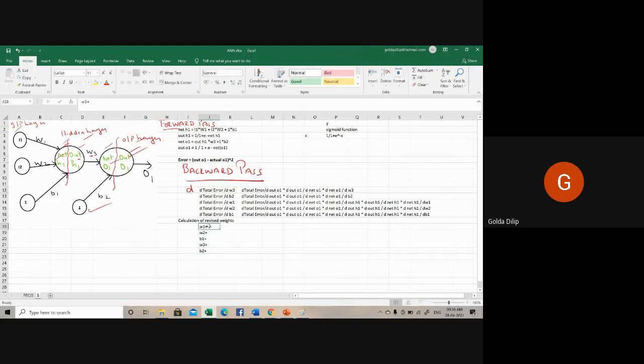So this W1 plus will be the old weight minus the learning rate, eta, times the differentiation of total error by dW1. So this is my revised weight.